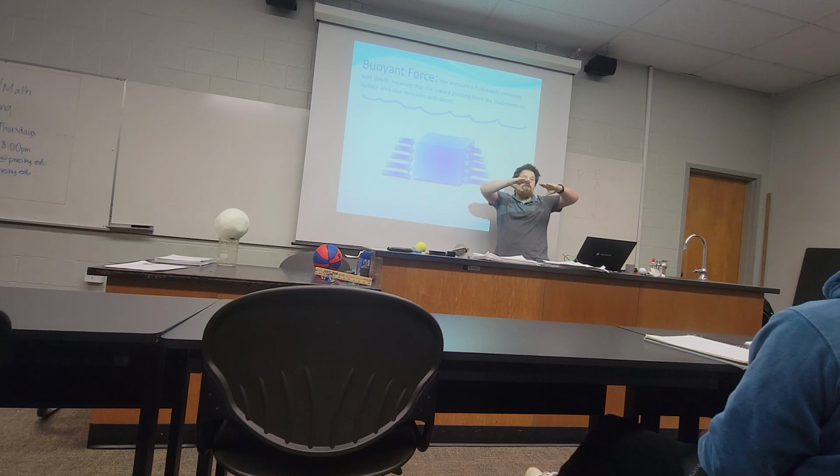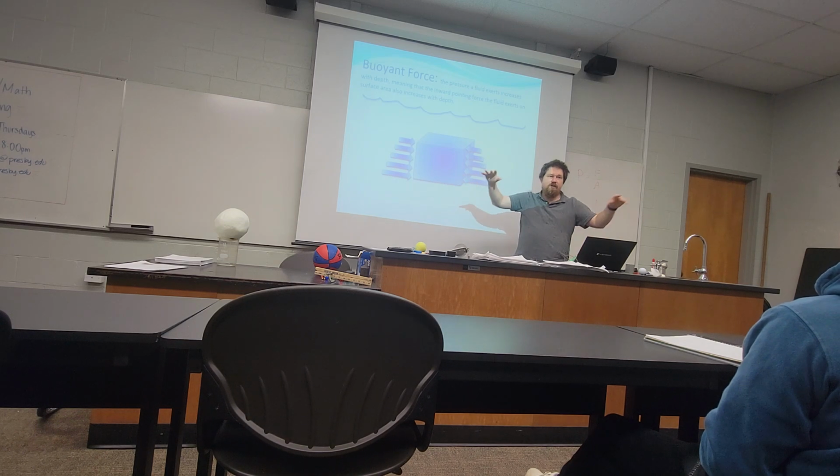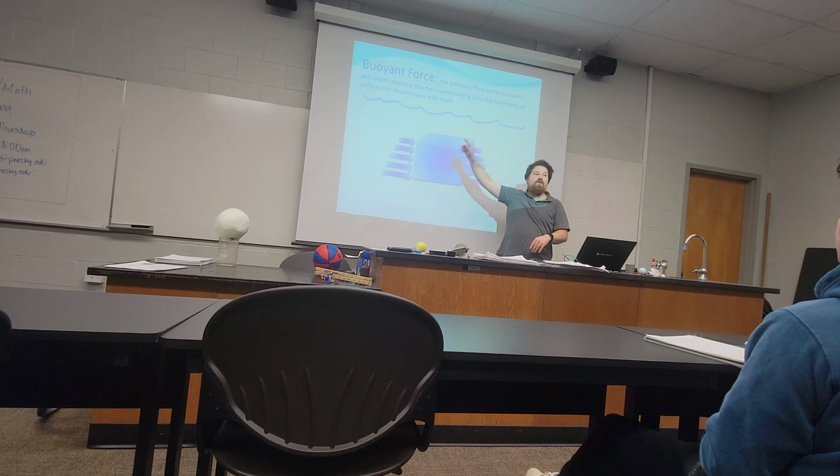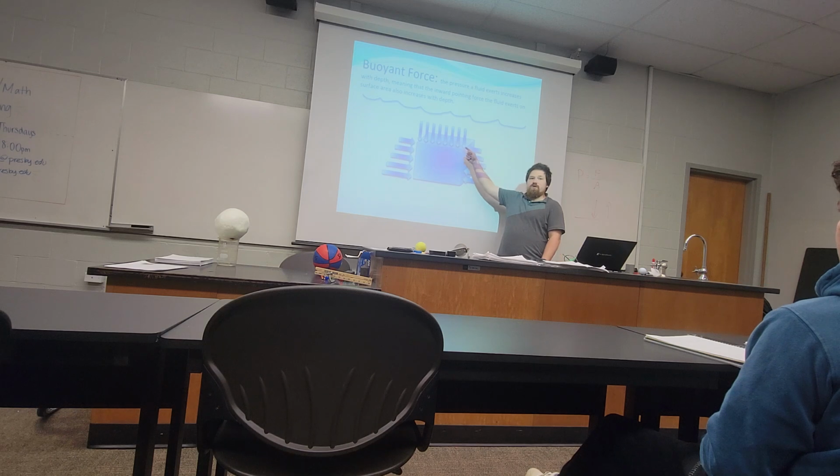So the pressure doesn't change across the flat top of the cube, right? Because it's all at one depth. That means that all of the force arrows acting on the upper part of the cube should all be the same size, because the pressure is constant across the top of the cube, because the depth is constant across the top of the cube. So all of these force arrows are going to be the same size.